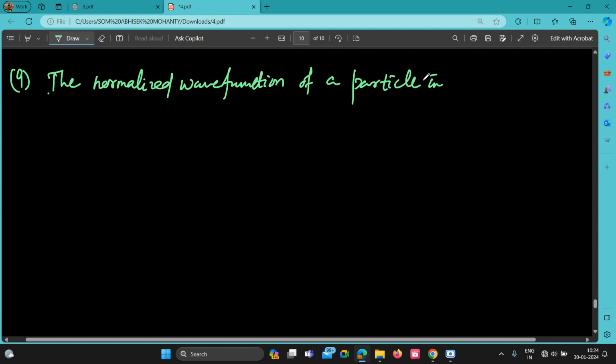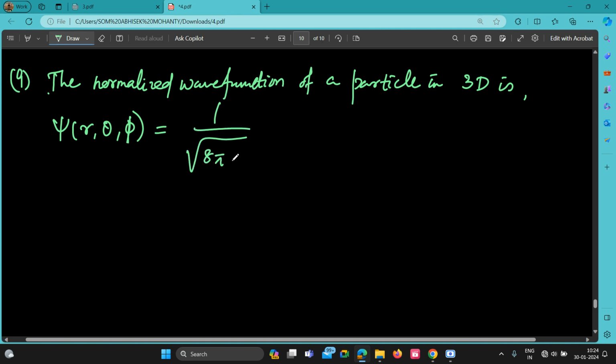The normalized wave function of a particle in 3 dimensions is given by psi(r, theta, phi) equals 1 by root over 8 pi a cubed, e to the minus r by 2a, where a greater than 0 is a constant.